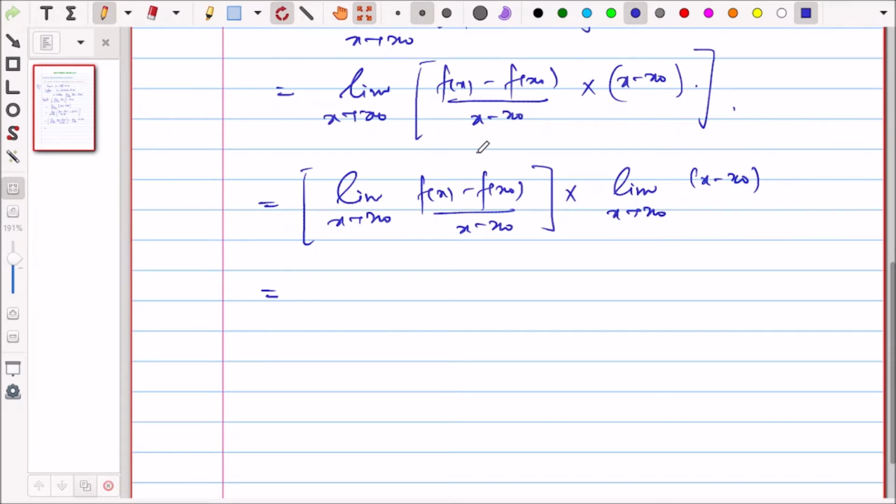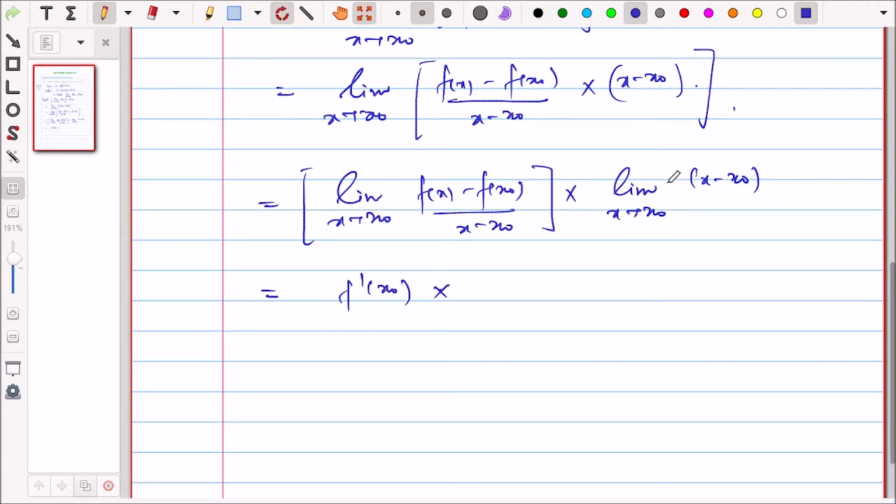Now what is the limit of this? We have done this. It is the derivative of f at x naught, f dash x naught.